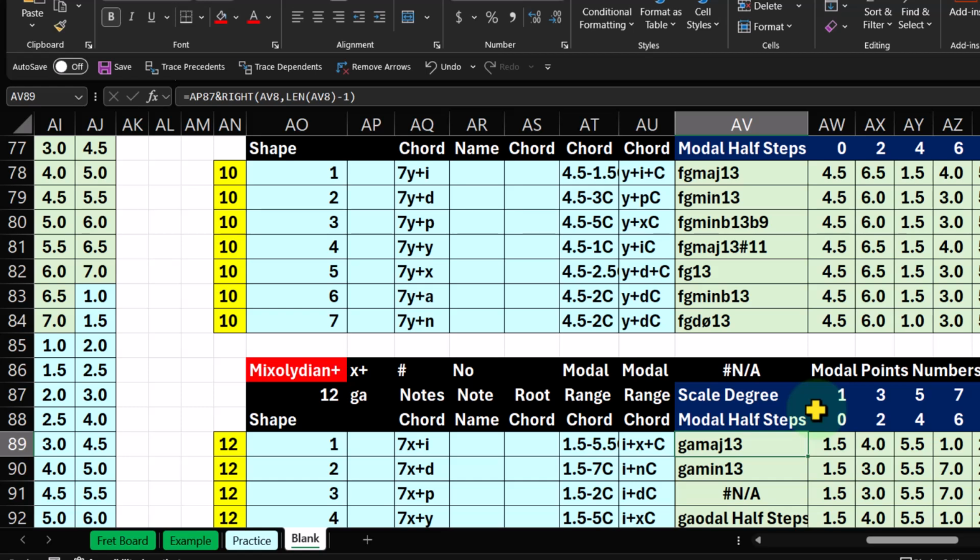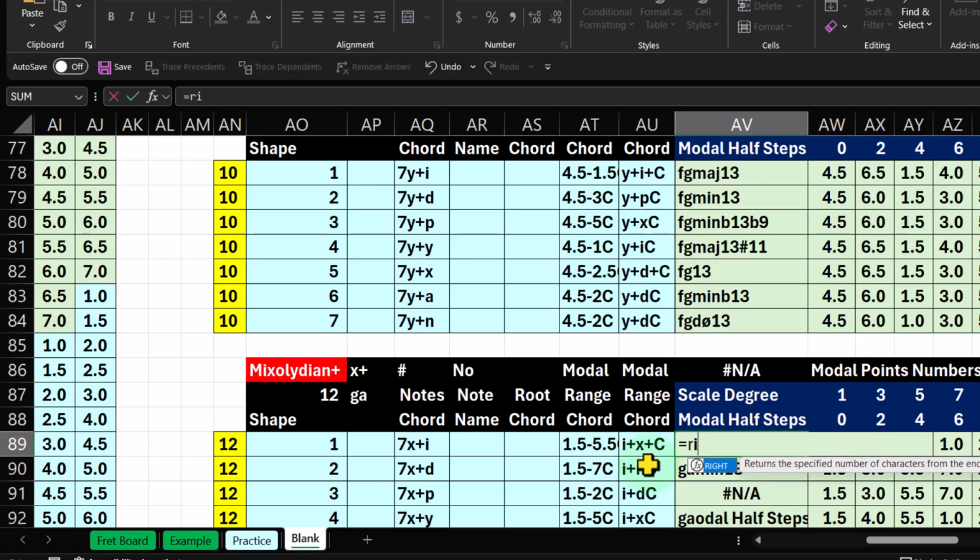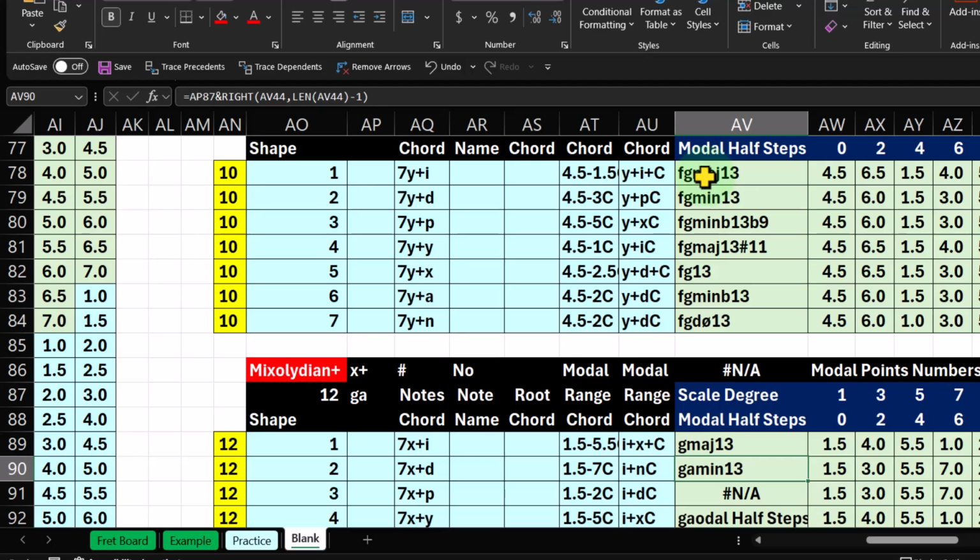It's just like this formula where I take the right-hand side of it. I'm going to say this equals the right side of this, and then a comma, and then LEN of this whole thing, close it, -1, close it up, and that will give me that.